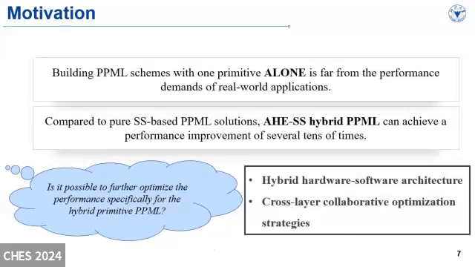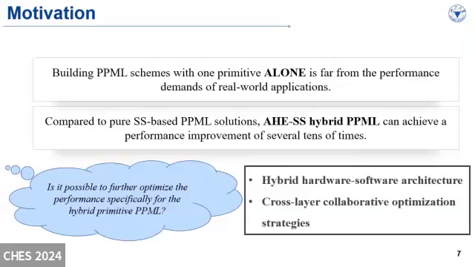Building PPML schemes with one primitive alone is far from the performance demands of real-world machine learning applications. Compared to the pure secret sharing-based PPML solutions, AHE and SS hybrid PPML can achieve a performance improvement of several tens of times. So is it possible to further optimize the performance, specifically for the hybrid primitive PPML?